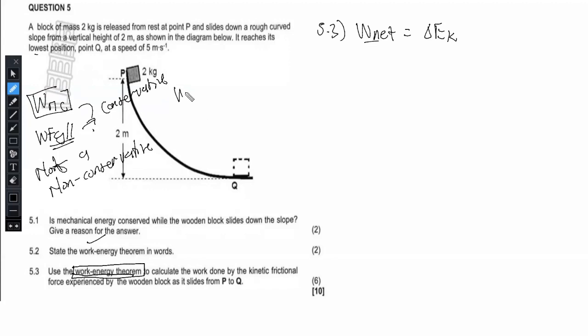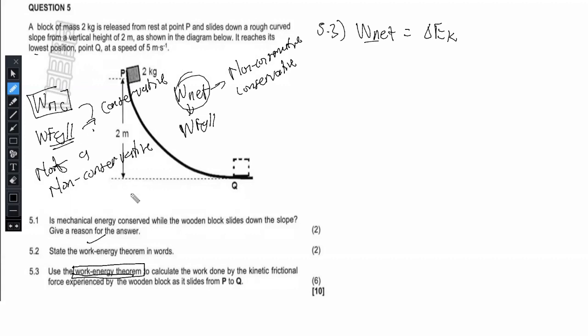But when I use the WNet formula, you do see me substitute in the work done by FG parallel, because when we use WNet, we substitute anything, whether it's non-conservative or conservative. So the WNet is for all the forces that are doing work, whether they're non-conservative forces or conservative forces. But the WNC formula is only restricted to forces that are non-conservative forces.